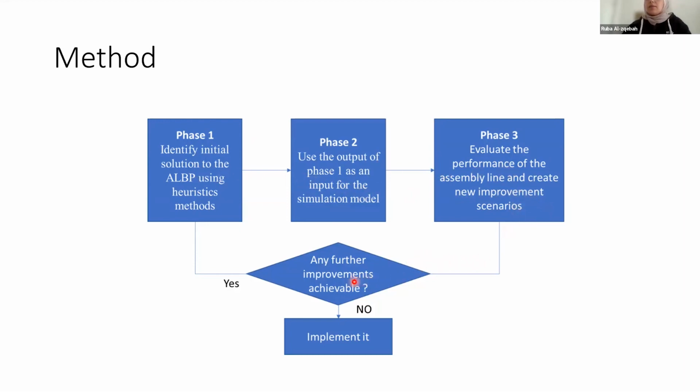If it's a good solution, we implement it. If not, we can go back, adjust the heuristic with integration with the discrete event simulation, and find a different solution.